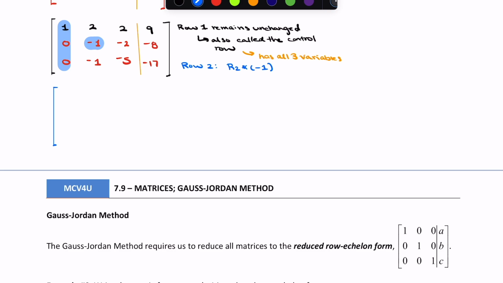And so here, now if we look at our new matrices after doing that, we have, again, 1, 2, 2, and 9. In our second row, it's 0, 1, 2, and 8. And in our third row, we have 0, -1, -5, and -17.